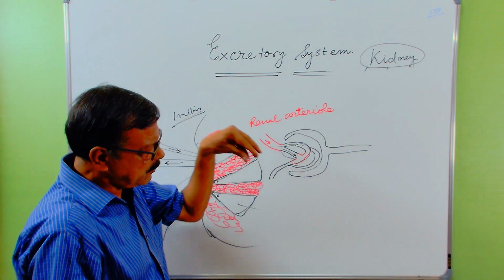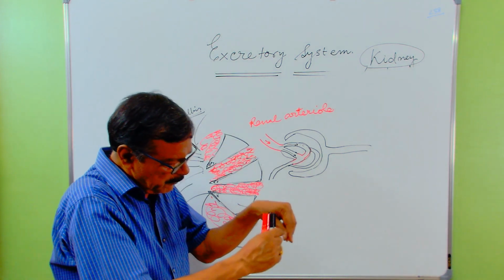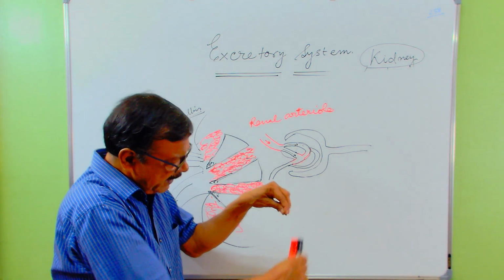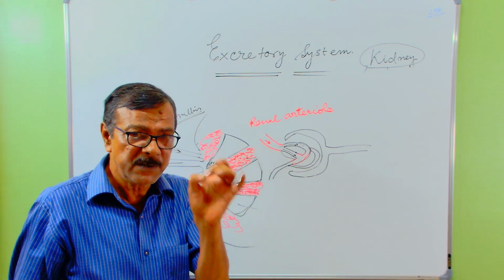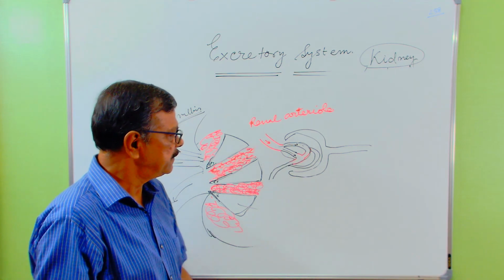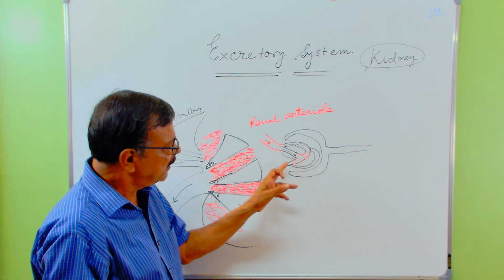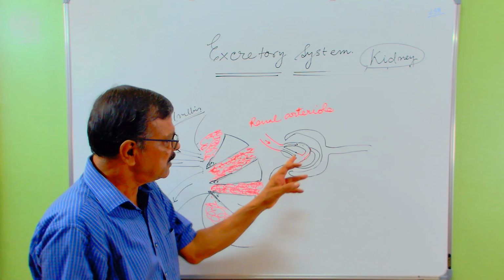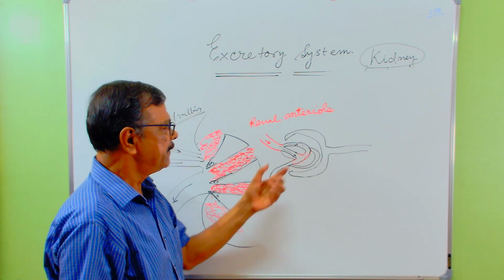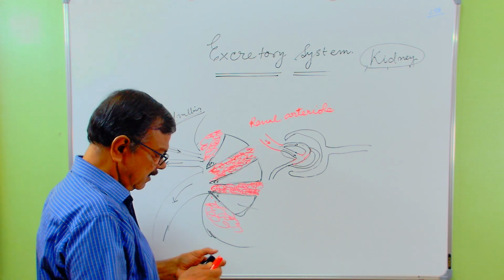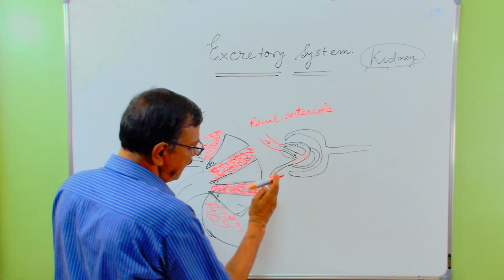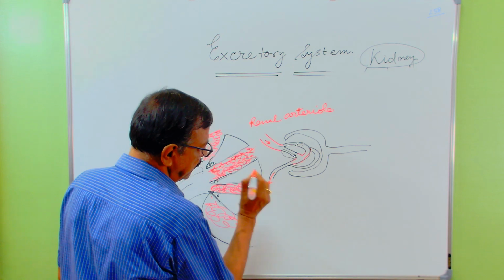Suppose one arteriole is going, it is making a loop, again loop, again loop. So in total, 40 to 50 loops it produces. These loops anastomose, that is, join with one another. These loops join to form this arteriole.